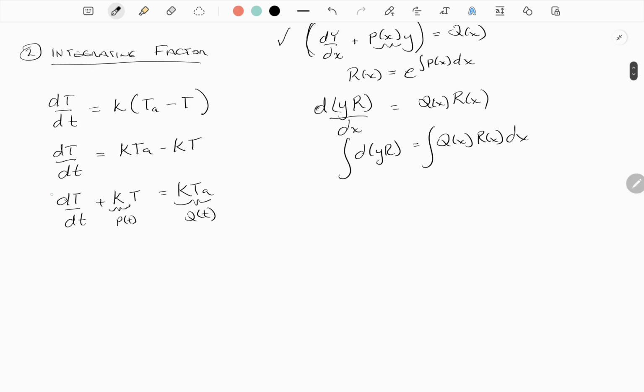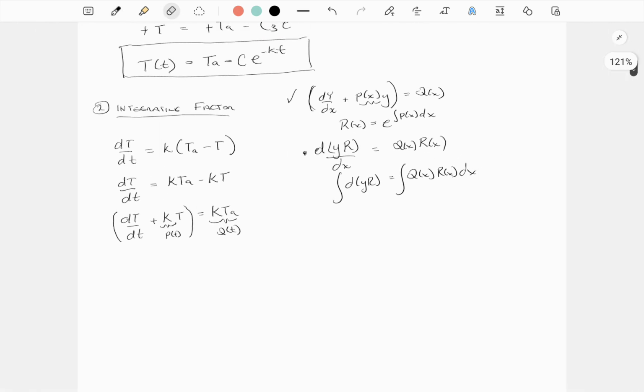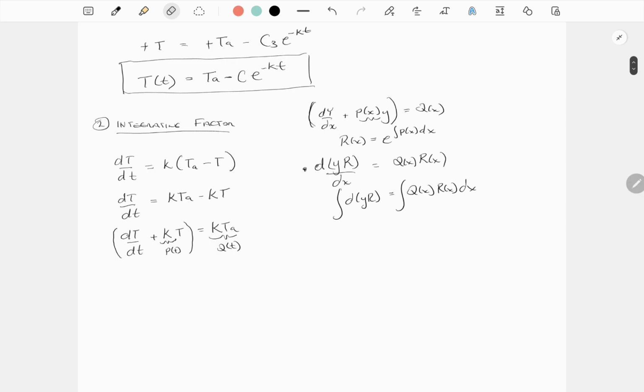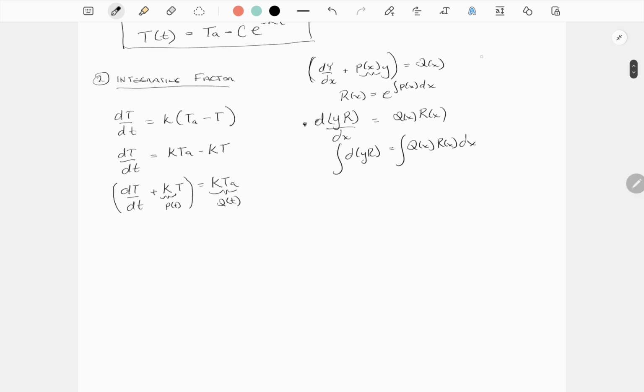So we're going to follow along. We have a differential equation where, if we were to multiply both sides by r of t, now not r of x, we're going to use r of t, then in order for it to collapse to this expression here, we have to find out what r of t is. To align things for you, I'm going to put the same solution here and convert what we have.